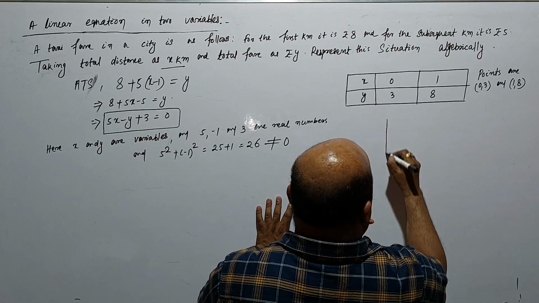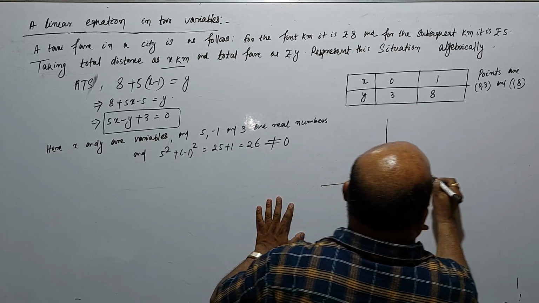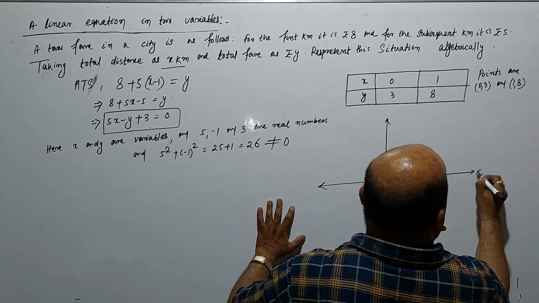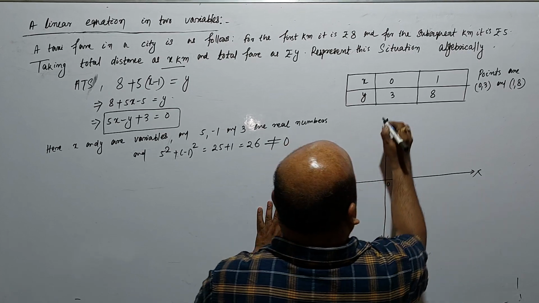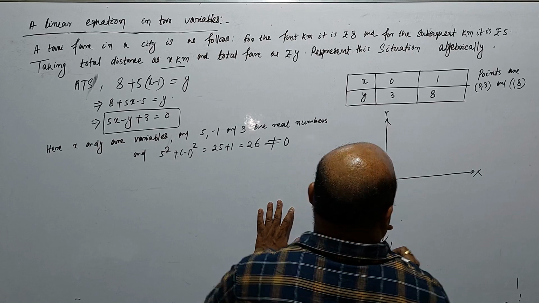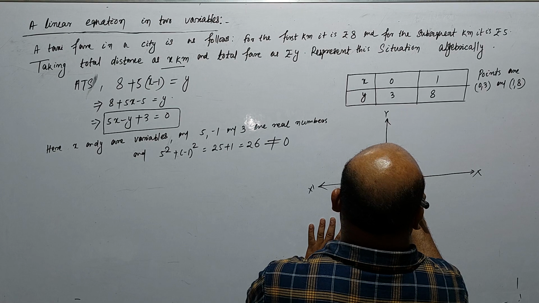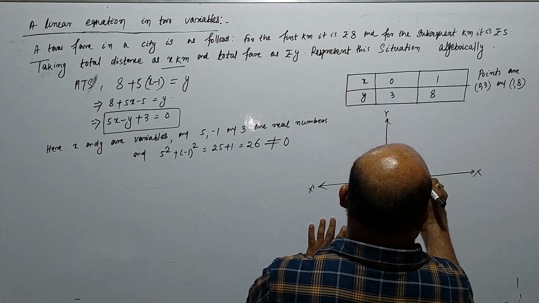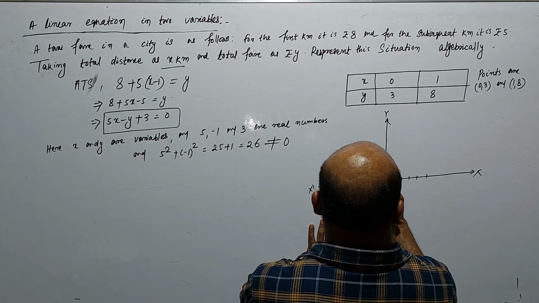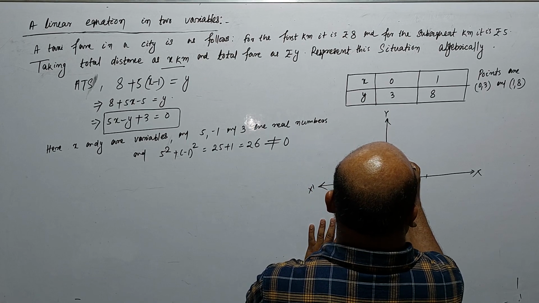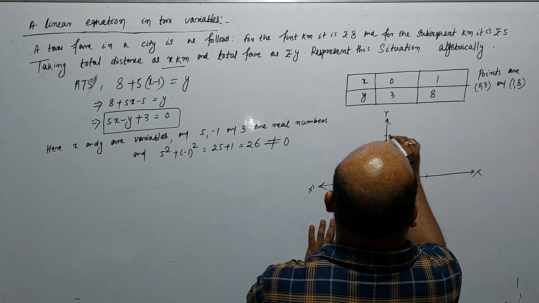So using the points, I am now drawing the graph of this linear equation in 2 variables. y o y dash. This is the horizontal axis and this is the vertical axis. So it is now 1, 2, 3, 4, 5, minus 1, minus 2, minus 3. Then it is 1, 2, 3, 4, 5, 6, 7, 8.